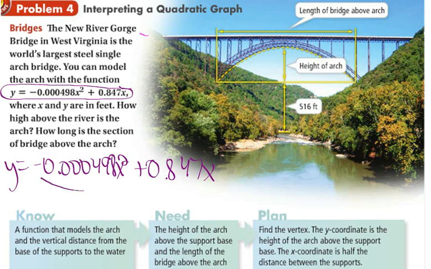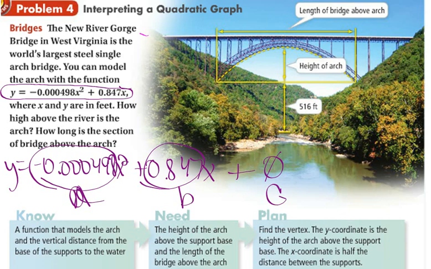And so there's your A, there's your B, and there wasn't a C, so it's just going to be a 0. So that's your A, your B, and your C. That's how you get the A, B, and C. So it's always going to be right there. Everything you need is going to be in these words, and you just have to pluck out that function to get your A, B, and C. Don't let the decimals mix you up because you've got a calculator. Just plug them into a calculator if you don't want to do that manually.